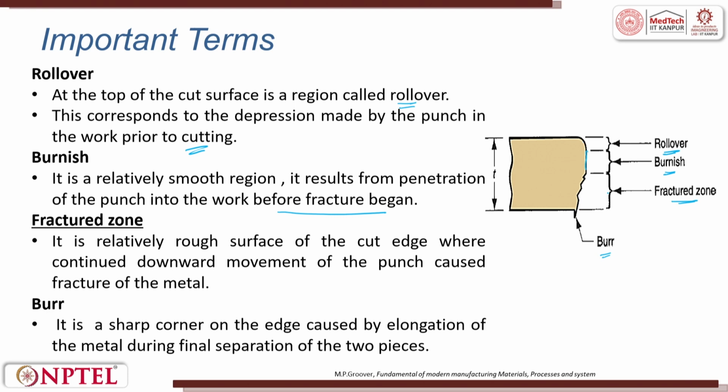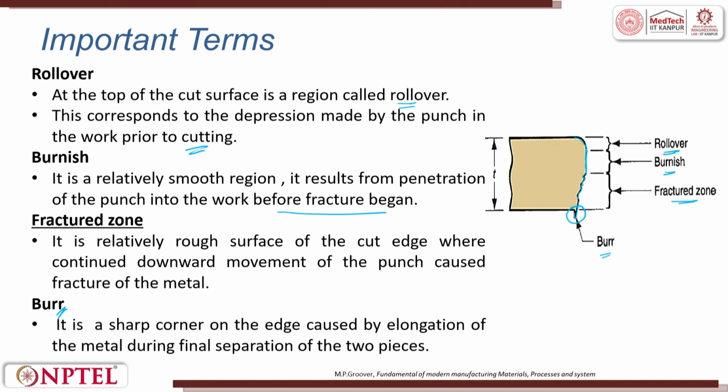Then comes the fracture zone. In the fracture zone, it is a relatively rough surface of the cutting edge where continued downward movement of the punch causes the fracture. So, here rollover, then burnishing, then here the fracture starts. After the fracture starts, any excess material projecting out of the surface is called the burr, which has to be removed.